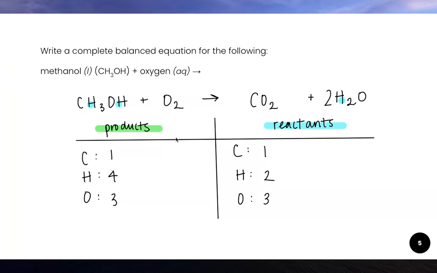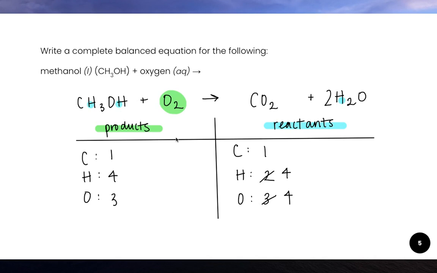So we're going to start by adding our 2 to balance out our hydrogens. So now we have 4, but now with our oxygens we have 4. I like to leave this oxygen alone when I'm balancing a combustion reaction because it's the only one with an atom all by itself. So it's the last one I'm going to update.